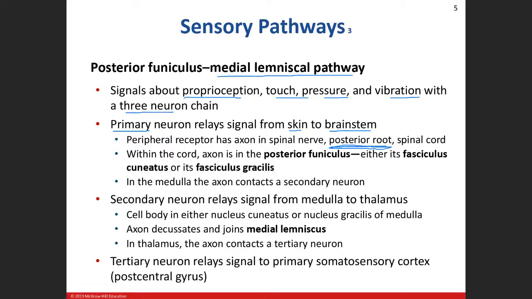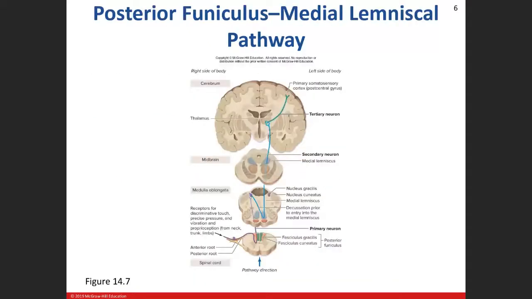And then it is going to travel to what we call the posterior funiculus. The posterior funiculus is made up of 2 structures. It's either the fasciculus cuneatus or the fasciculus gracilis. So what is that?